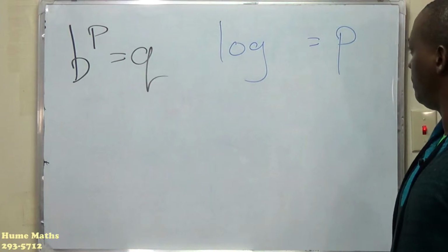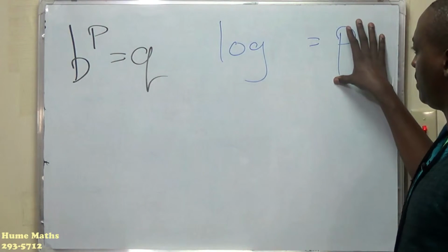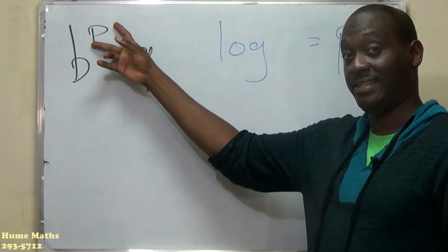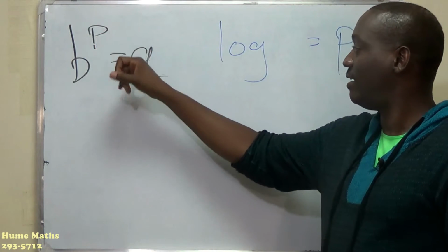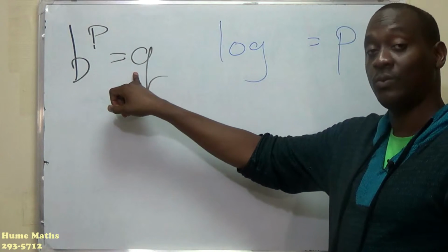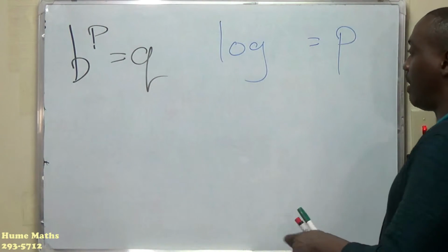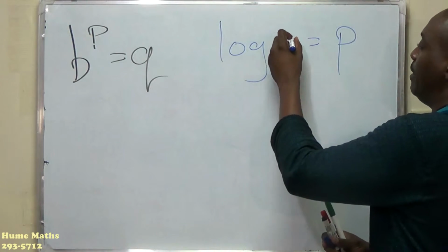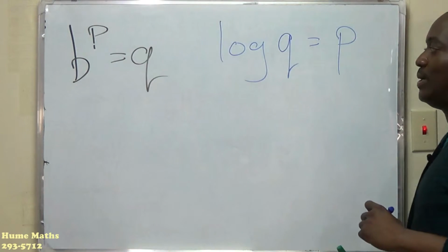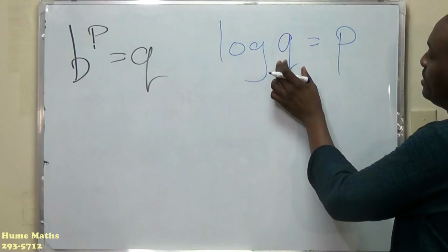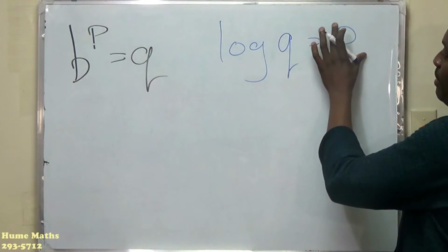So if the log is p, the log of what is p? Right? The log of q is p. So in other words, the log of the given number, which we call the quotient. So the log of the quotient is the power.